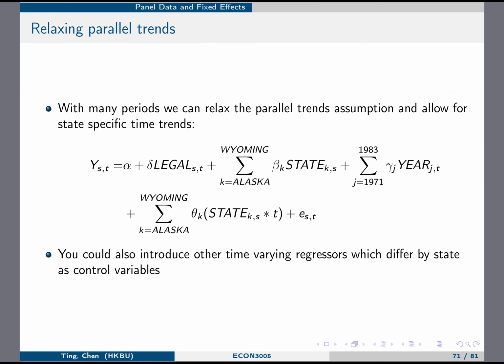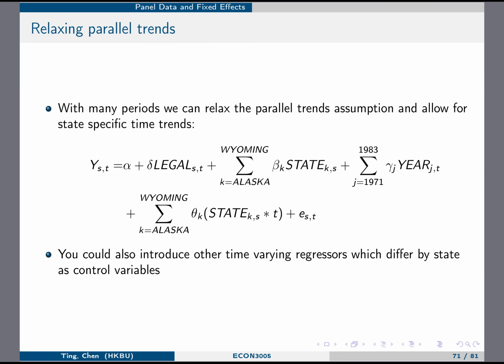But with this fixed effects and panel data setting, we can relax the parallel trend assumption. Because with many periods, we can add a new control variable to control for the trend difference, that is, we control for the state-specific time trend. Okay, how can we construct this state-specific time trend?